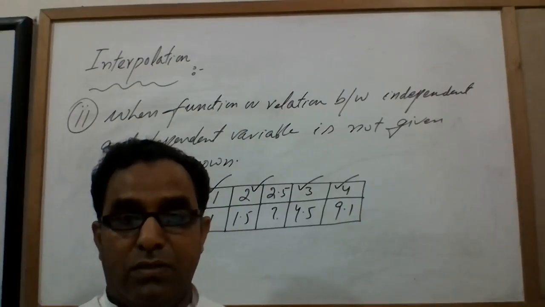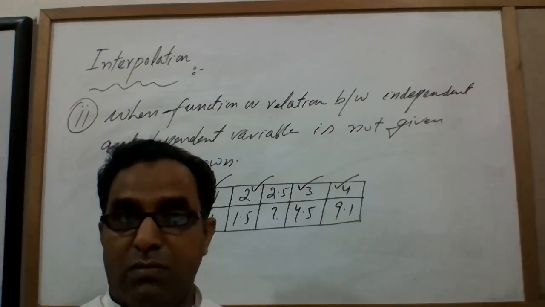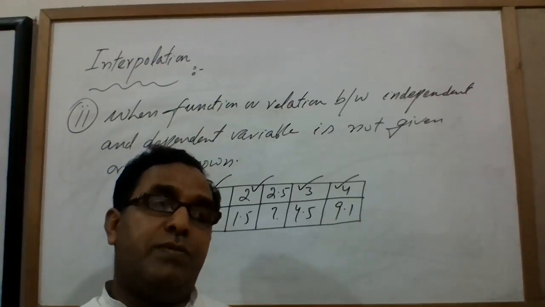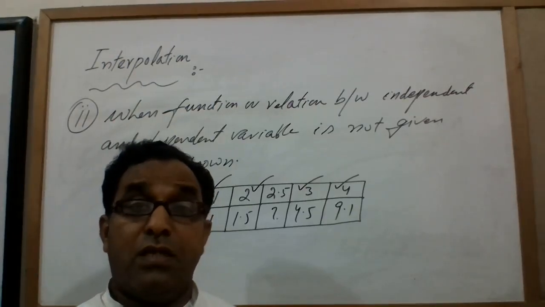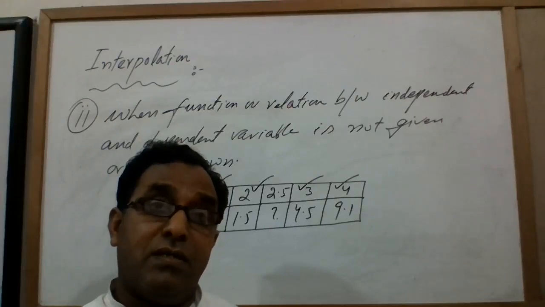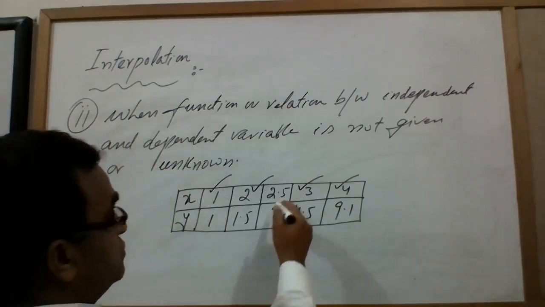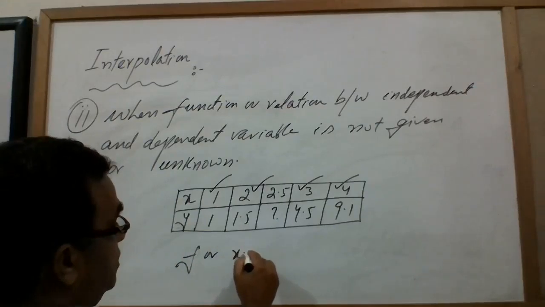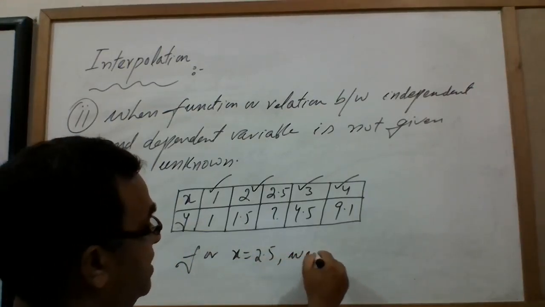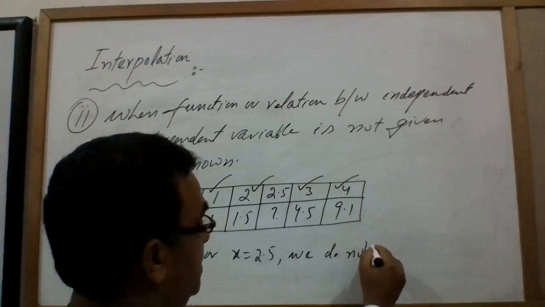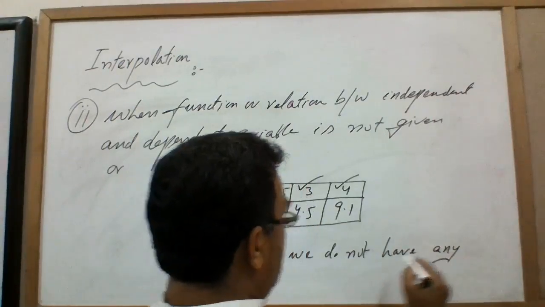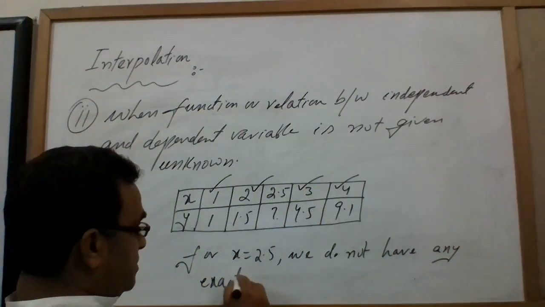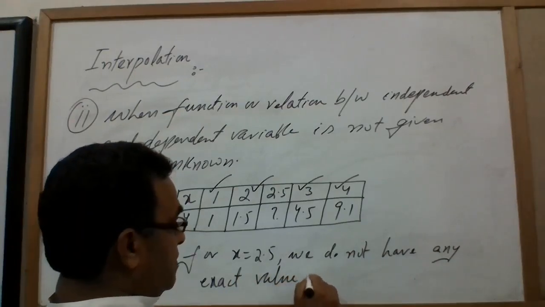When that value of x has not been given in the table, and y is not known for it, in general we cannot find the value of y exactly. For example, for x equal to 2.5, we do not have any exact value of y.